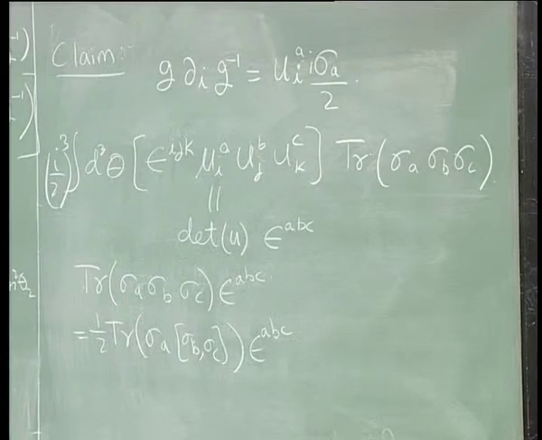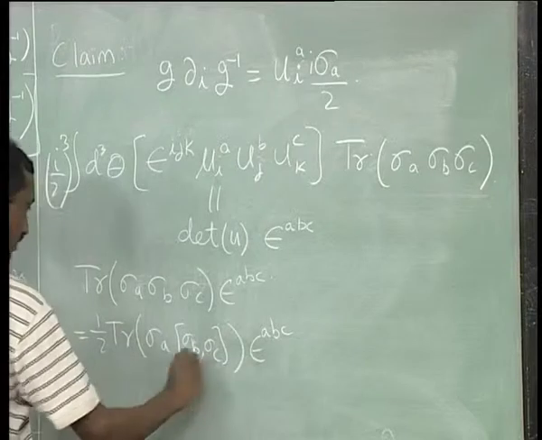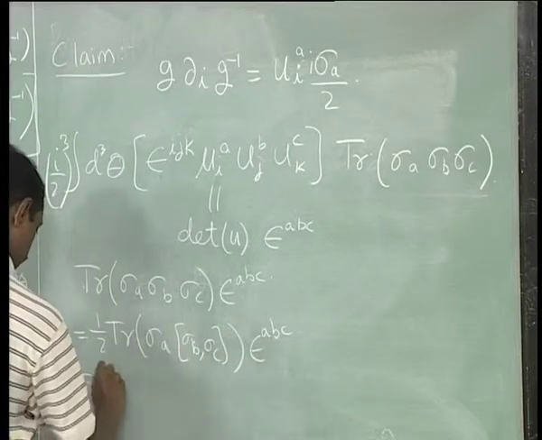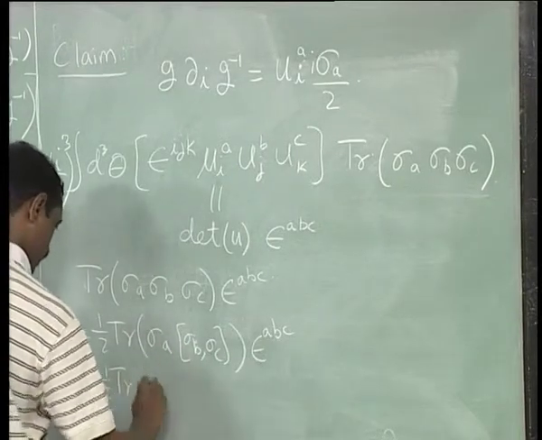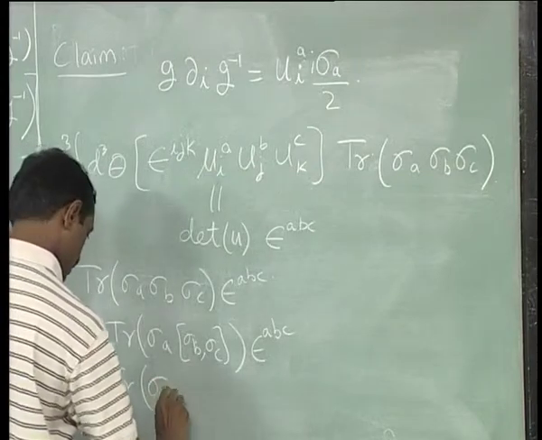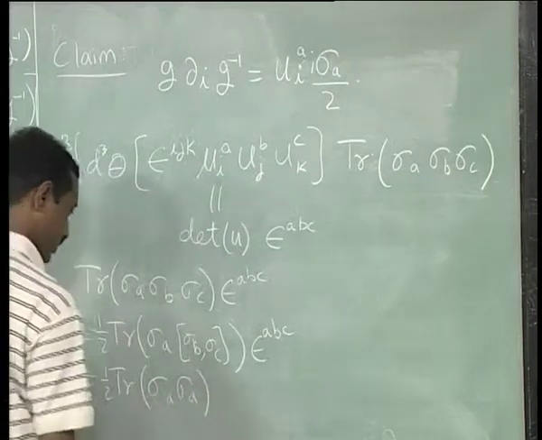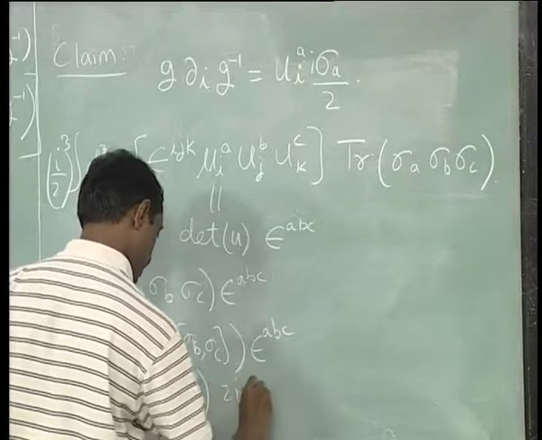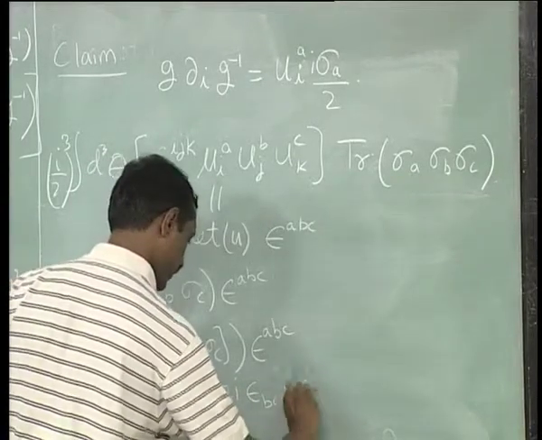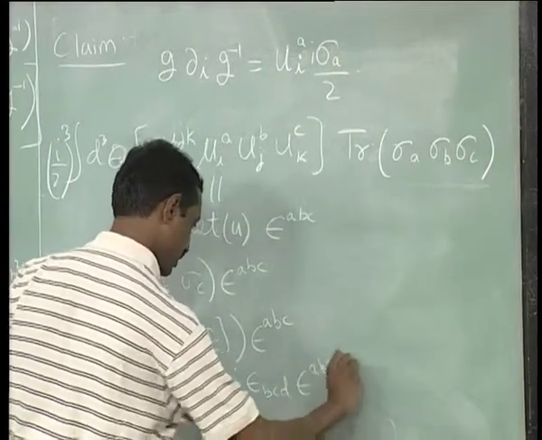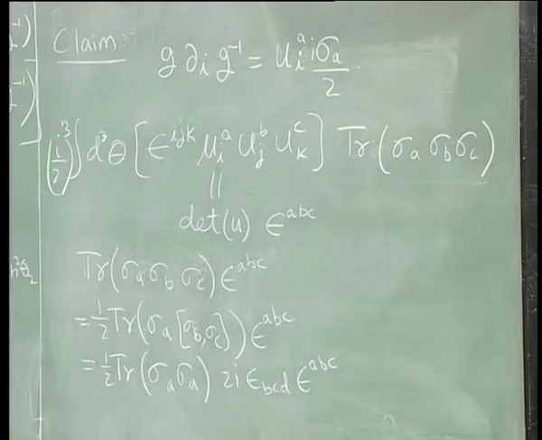It is 2i epsilon_bcd sigma^d. So we get 2i epsilon_bcd epsilon_abc, trace of sigma^a sigma^d.